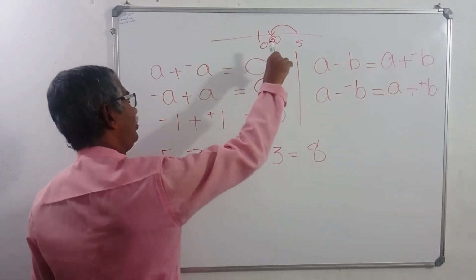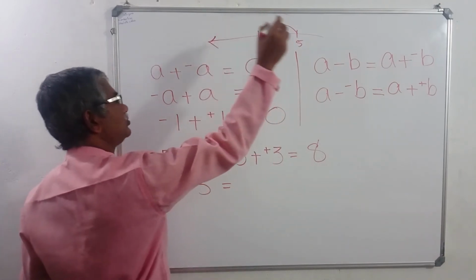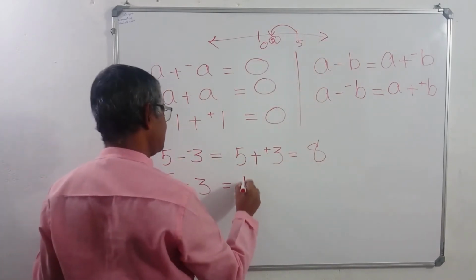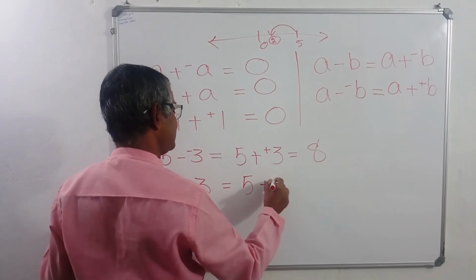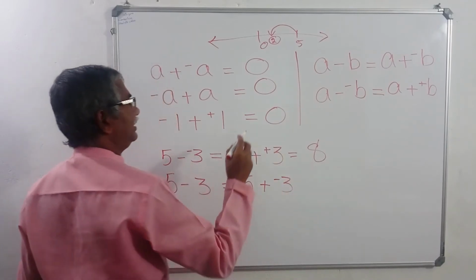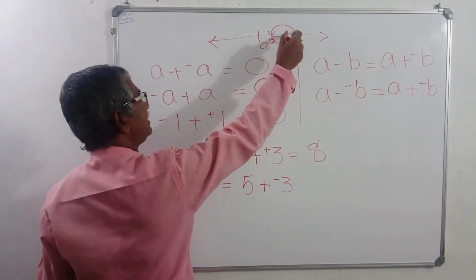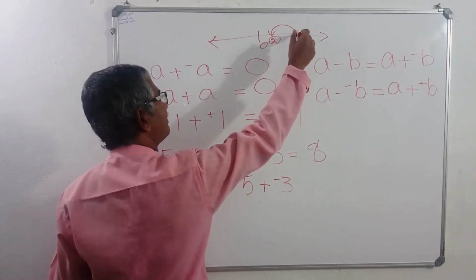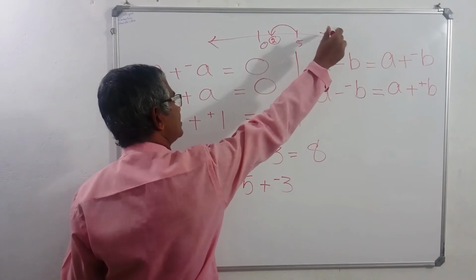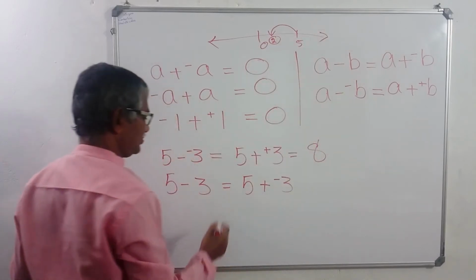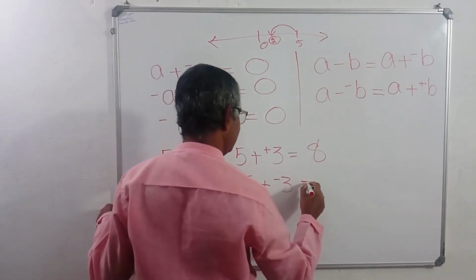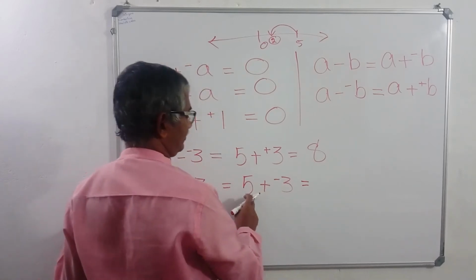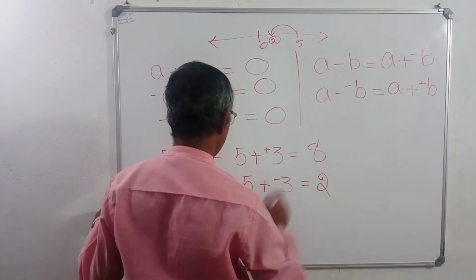So always the number line should be in your mind. 5 minus 3 means 5 plus negative 3. Adding negative 3 means going back. If positive 3 is added on a number line, we are going forward or right. So 5 plus negative 3 means 3 is taken from 5, which means 2.